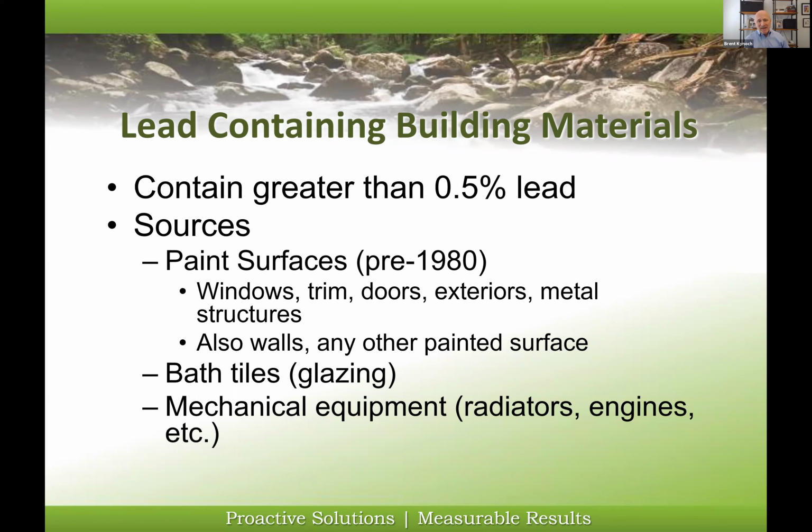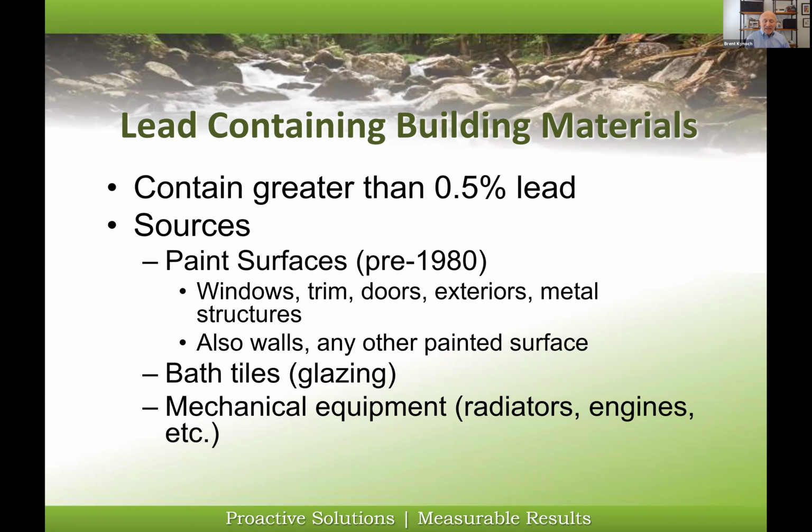And when I say metal structures or steel structures, think of things like water towers, bridges, things of that nature. We also can find lead on other painted surfaces. It doesn't just have to be semi-gloss or gloss paints. Any other painted surface pre-1980 might be a source of lead.